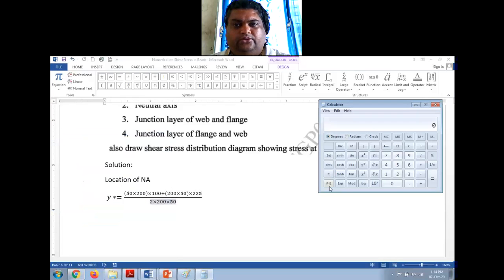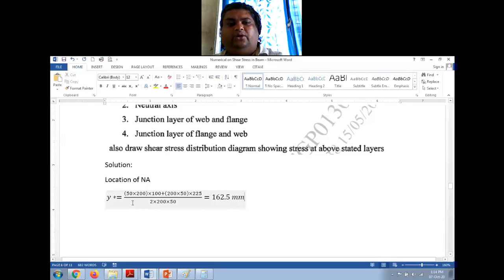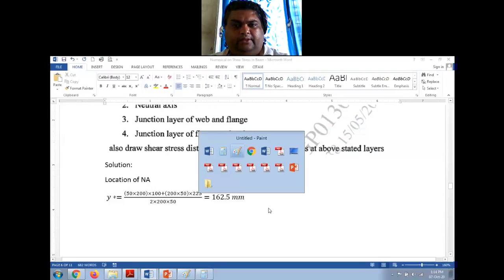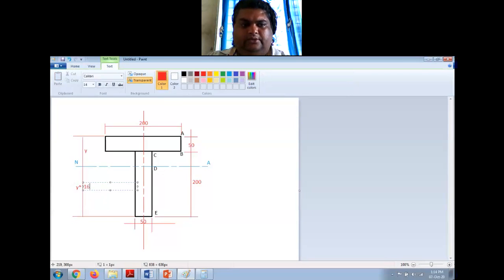So let's do that. 100 plus 225, 325 by 2, 162.5 is equal to 162.5 mm. So that is the location of y star, right? This is 160.